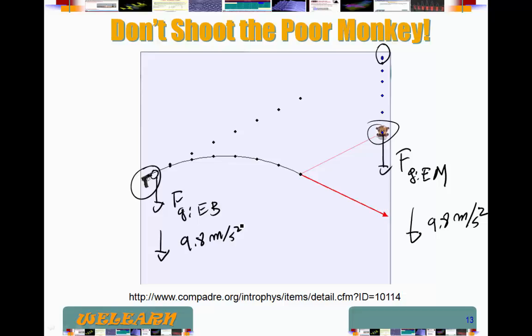Now, what does that mean? What does the gun impart on the bullet? It imparts an initial velocity, initially pointing in the straight path toward the initial position of the monkey. Now, that velocity has two components.